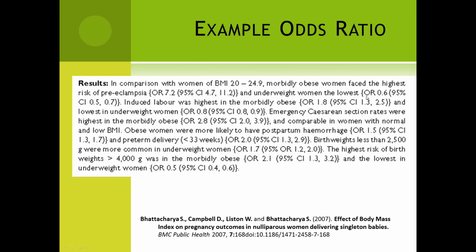When the odds ratio is less than 1, to work out how much less chance they have, you need to take this number away from 1. So 1 minus 0.6, we're left with 0.4, which is about 40%. So you could say they have about 40% less chance of preeclampsia compared to women of a normal BMI category.